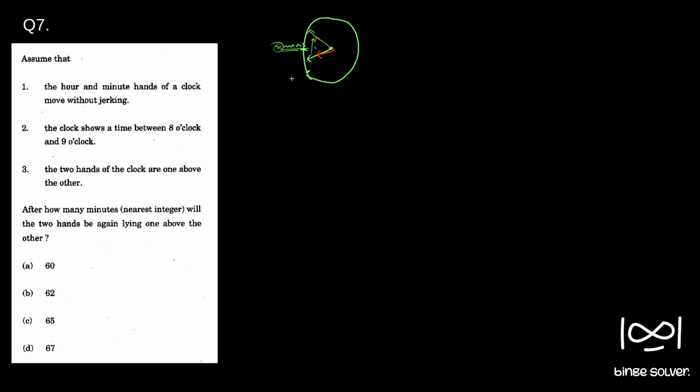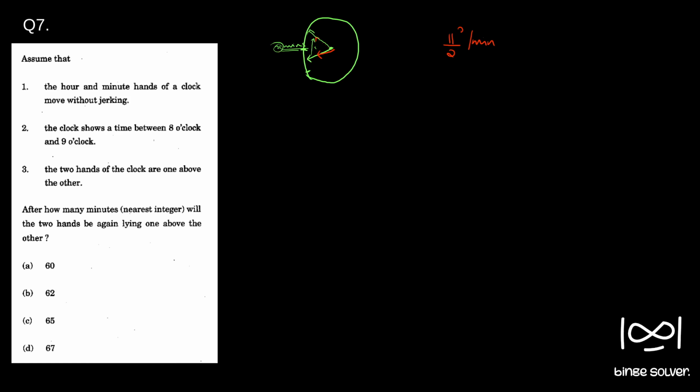So if you know how to use the relative speed concept in such questions, you can arrive at the answer very fast. The relative speed at which the minute hand moves compared to the hour hand is 11/2 degrees per minute.